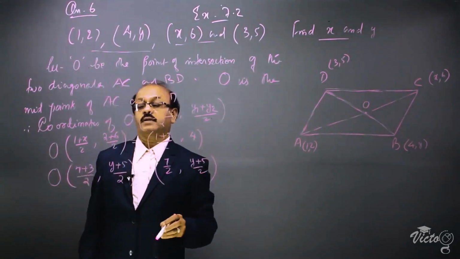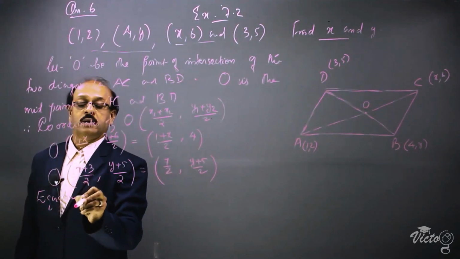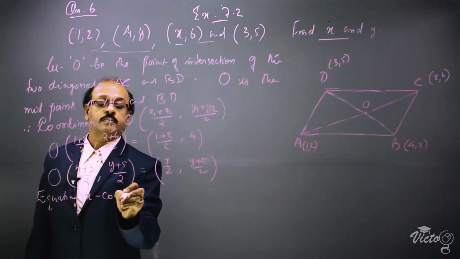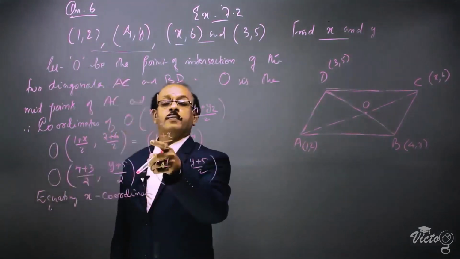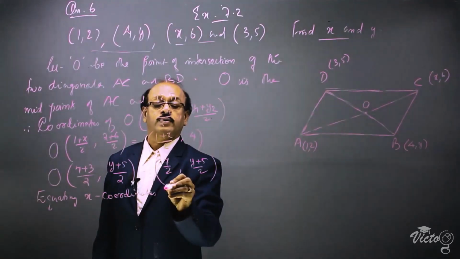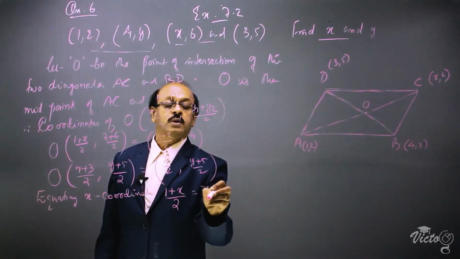Equating x coordinates, we are getting (1 plus x) by 2 is equal to 7 by 2.